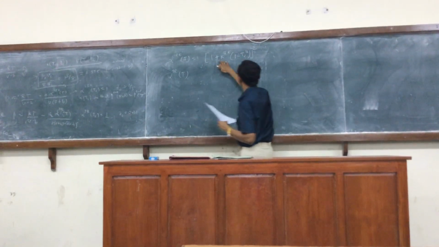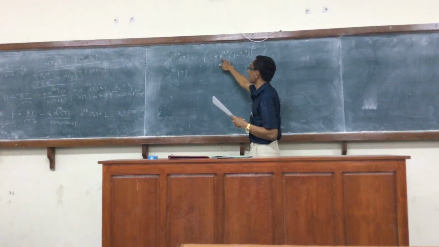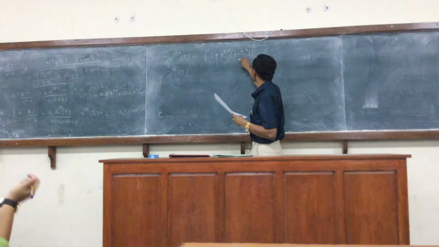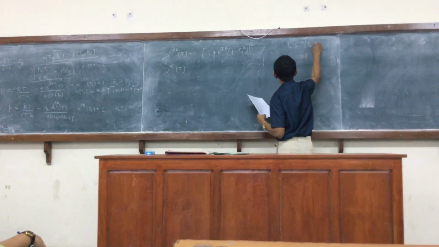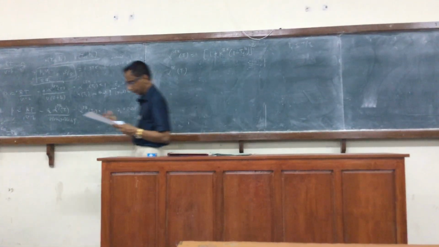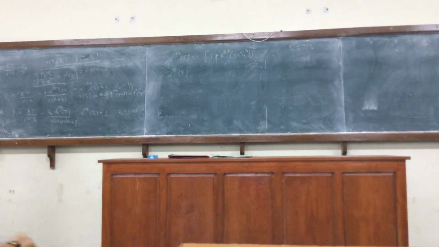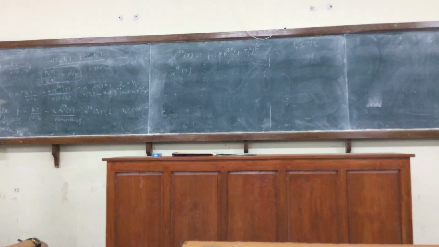So alpha is 1 plus some other parameter they call kappa, times 1 minus the square root of TR. Now TR is a reduced temperature, defined as T over TC. This is how they chose to represent alpha square root.